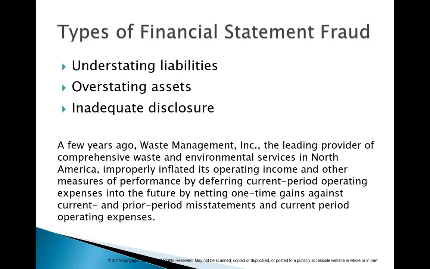So whether you're overstating your revenue and putting the debit as an asset to accounts receivable, or you're understating your depreciation expense and overstating your fixed assets because you're not taking enough depreciation, the net result is that you have too many debits on the balance sheet, too many assets, which leads to either fewer debits or more credits on the income statement, which leads to higher income.